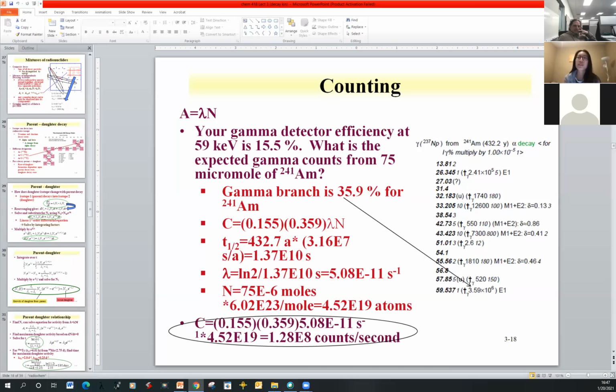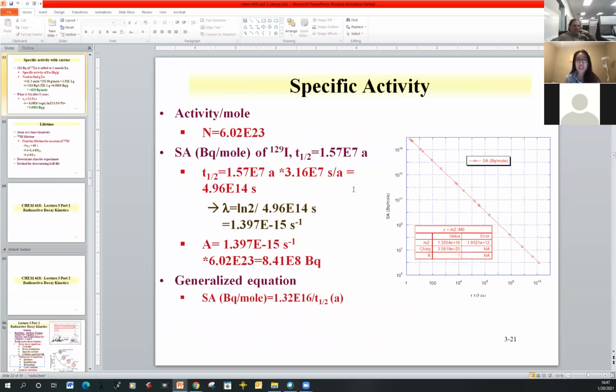At the beginning I was trying hard to find the relationship, in terms of the formula, between activity and counts. And then I think I went a really complicated way to get the answer.